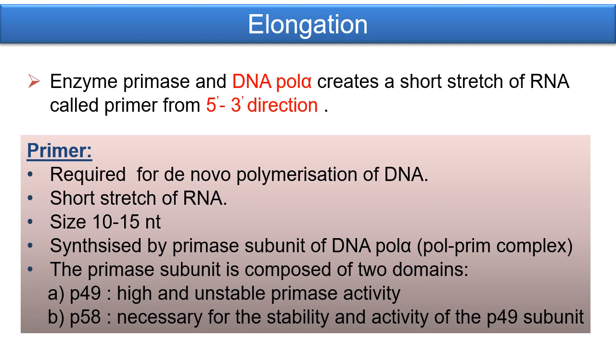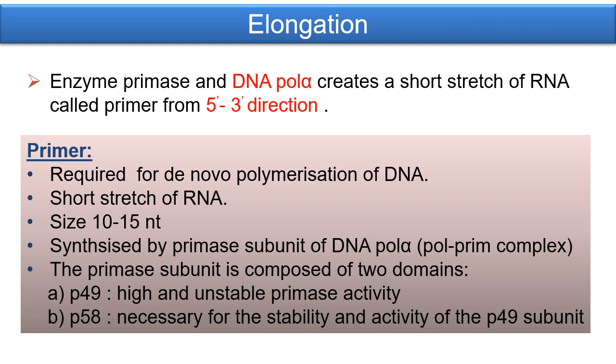At this point, I want to tell that there are mainly three major types of DNA polymerases in eukaryotes which are directly involved in replication process. They are DNA polymerase alpha, epsilon and delta. This primase is actually a subunit of DNA polymerase alpha. It is not a single enzyme, it is a part of DNA polymerase alpha enzyme.